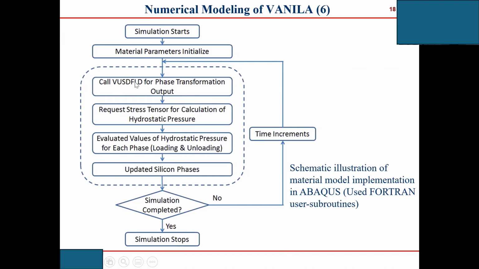This one is a subroutine. Abaqus does not provide this one, and you need to use Fortran. You use the Fortran language to write your own subroutine, and then you link your subroutine to Abaqus, so Abaqus can do the analysis for you. The next step requires the stress tensor for calculation of hydrostatic pressure.